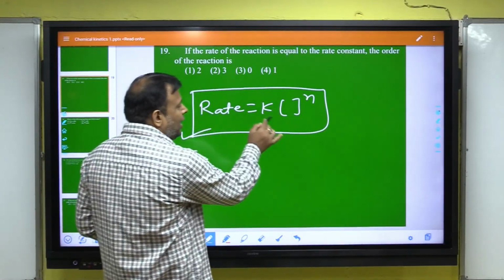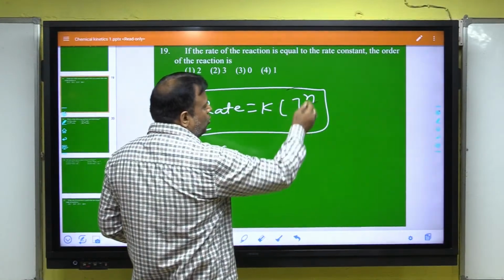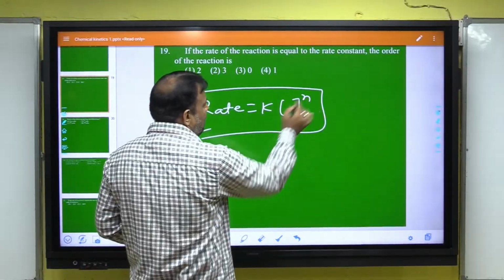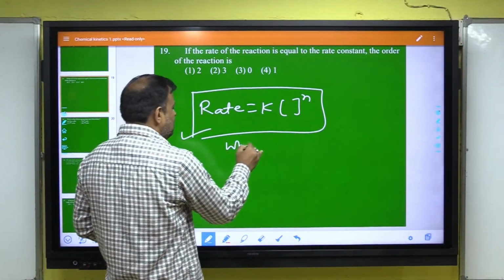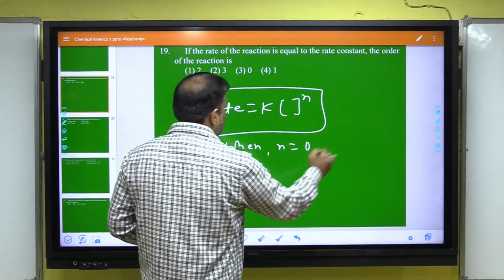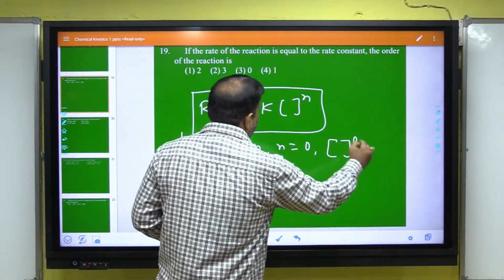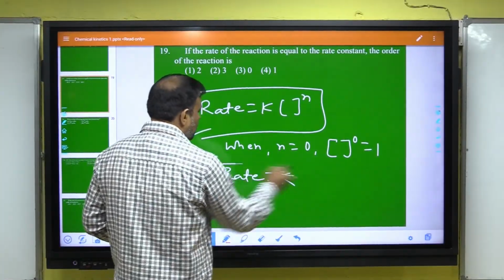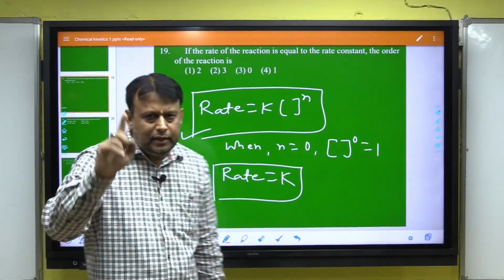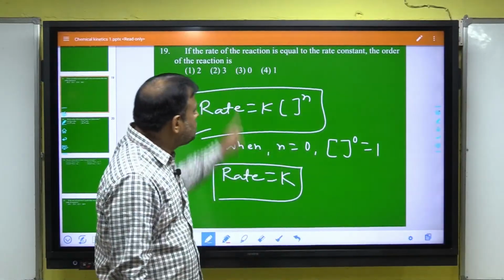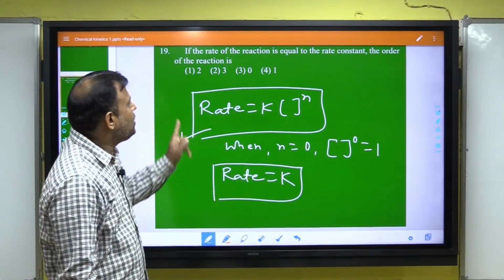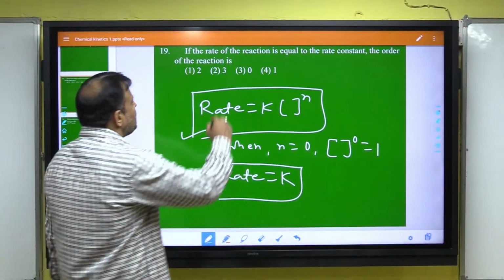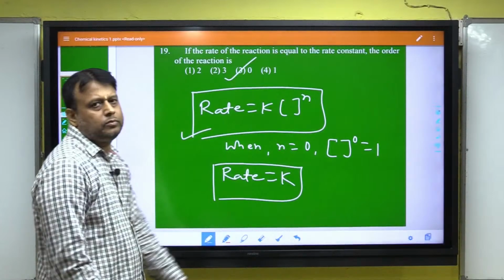अब बताओ, रेट K के बराबर तब होगा जब ये वैल्यू 1 होगा, और ये वैल्यू 1 तभी पॉसिबल है जब यहां पे आप 0 लगाएंगे, when n is equal to 0, conc to the power 0 is equal to 1 and rate is equal to K. आपके सीई एग्जाम के लिए ये सब क्वेश्चन बहुत पॉपुलर है, ये सबको याद रखना कि when rate of reaction is equal to rate constant, then order of reaction 0.